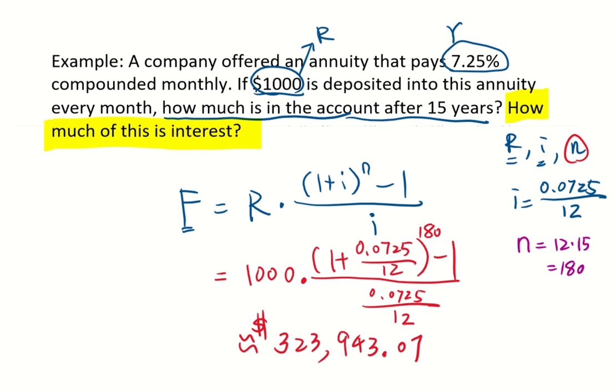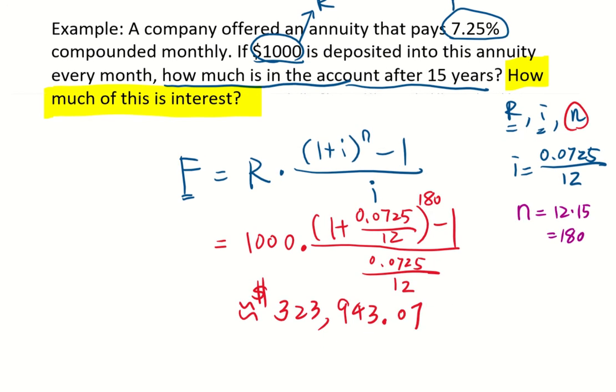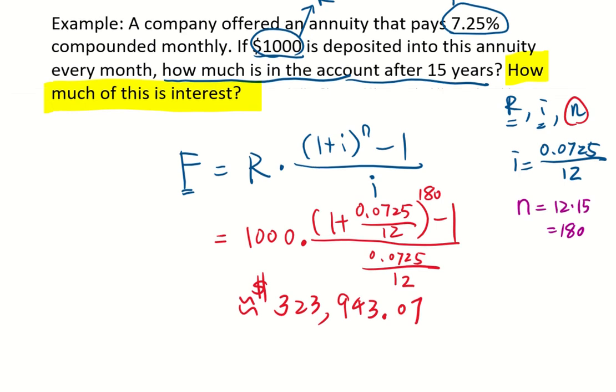Right. So we're paying $1,000 a month for 15 years, which is 180 payments. So the total number you have paid to the company is 1,000 times 180 payments, which will be $180,000.